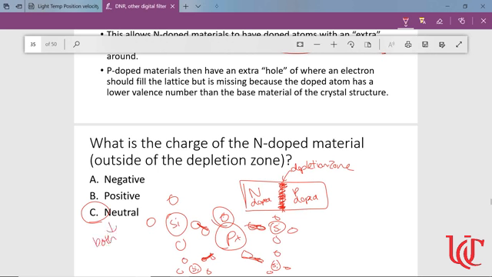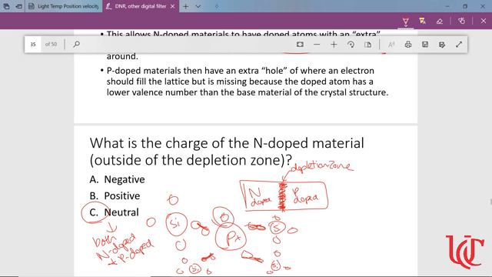This is also true for my N-doped and my P-doped material. Right, so my P-dope just meant I doped with something with one less valence electron compared to silicon, so boron, which had 3, but it also only has 3 protons, so it's a neutral atom that I'm adding to it. It isn't itself charged.